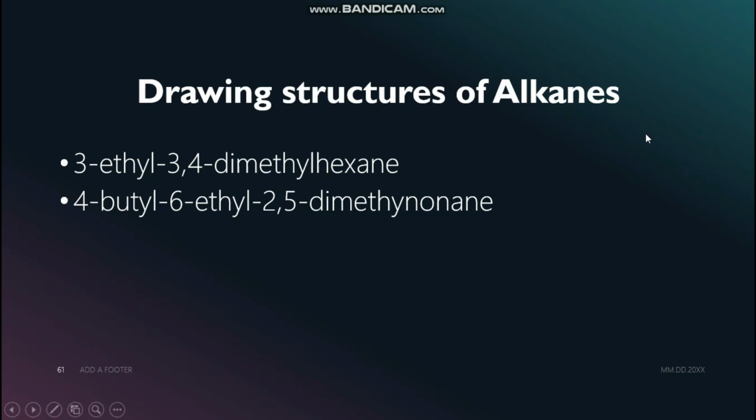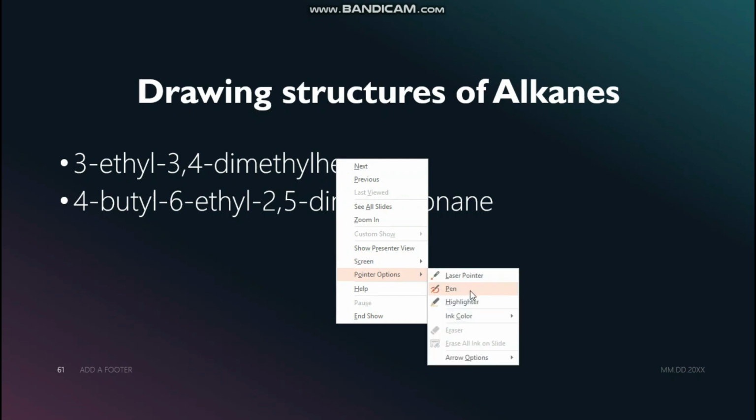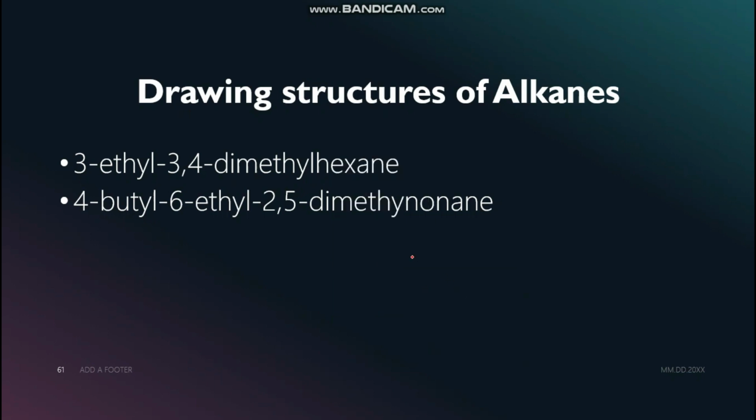So, now let us try drawing the structures of the following alkanes. So first, we have 3-ethyl-3,4-dimethylhexane. So in drawing the structure of alkanes, we go in reverse now, we identify first. So we start here with the parent chain. Okay? So hexane.